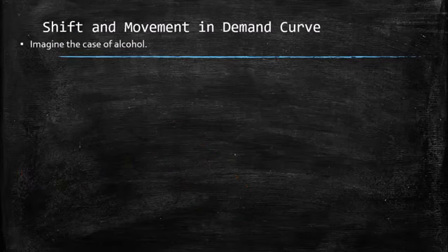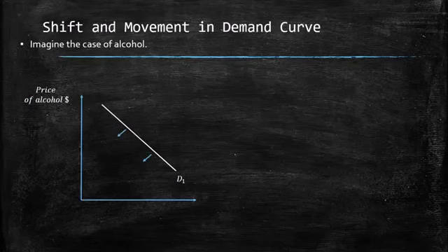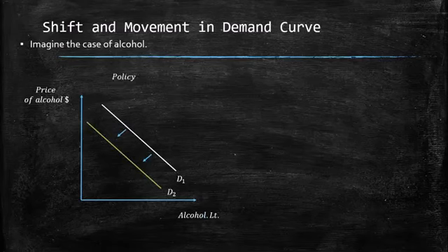So now we're going to think a little bit about the shift and movement in the demand curve. So we are in the case of alcohol. Imagine that this is the demand for alcohol, and it goes to this. Why? Because there is a public policy. There is a bunch of messages on TV, on YouTube, on the internet, attacking alcohol, and, for example, the schools are working more in this aspect.